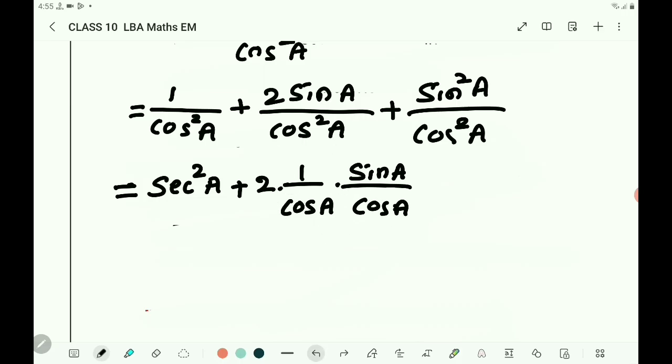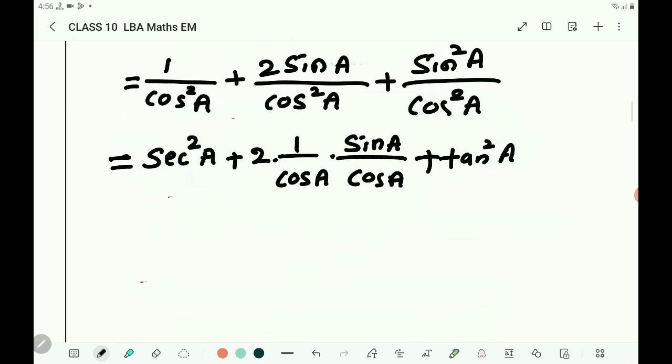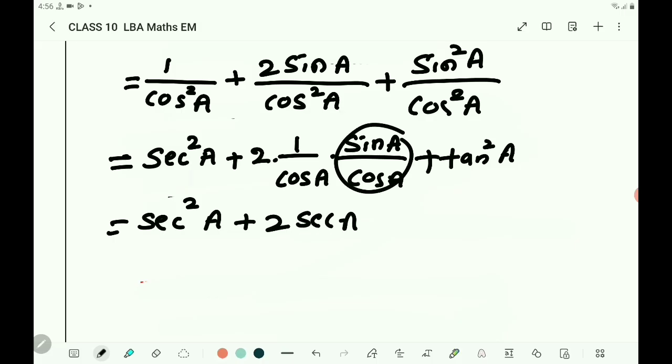Split this cos square A into cos A and take 1 by cos A and sin A by cos A, plus sin square A by cos square A is tan square A. That is secant square A plus 2, 1 by cos is secant A and sin by cos is tan. Tan A plus tan square A.